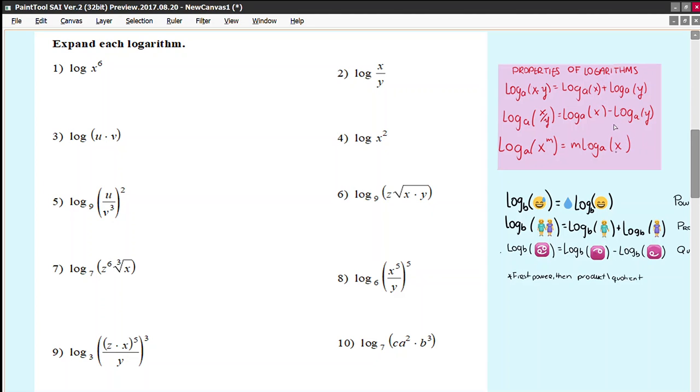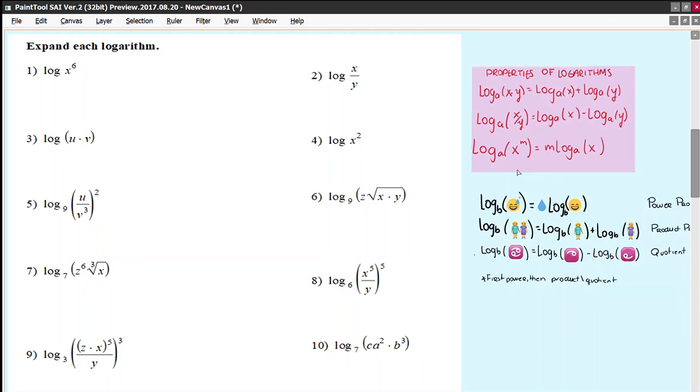So let's start with a couple of easy examples. The first one, you have to notice that the argument of this logarithm has a power of 6. Because I don't want powers inside my logarithm, I need to apply a property. The property that can help us is the power property, that says that if my argument has an exponent, that exponent can be rewritten as a number multiplying my logarithm.